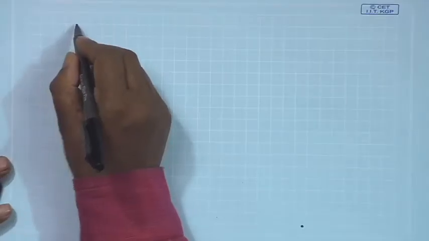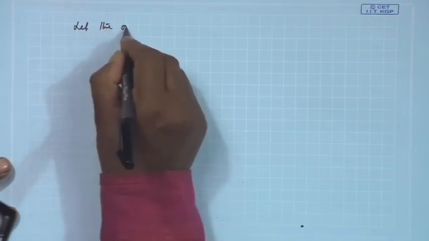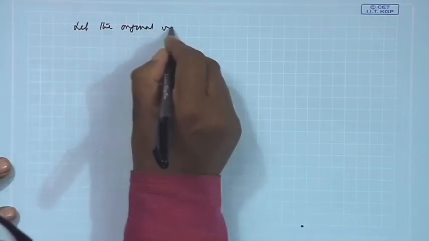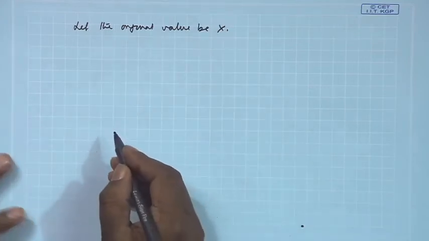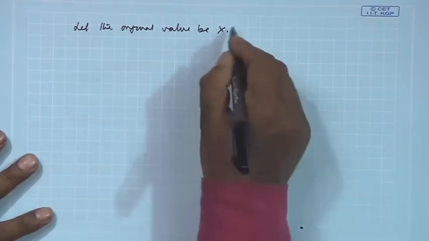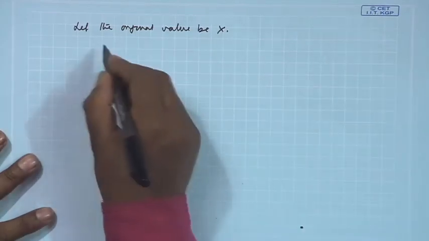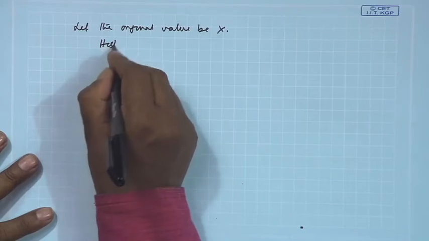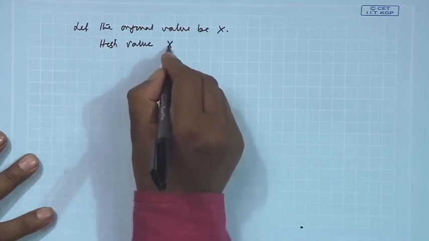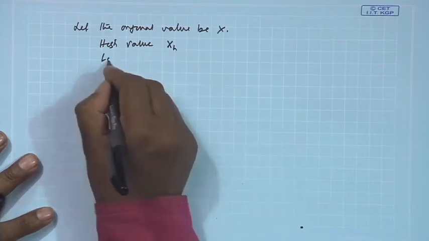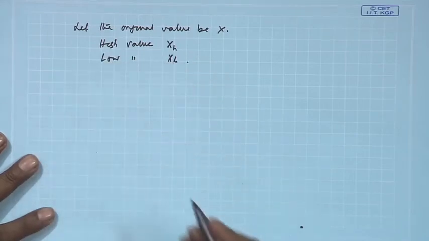Let the original value be x. Otherwise, I can say x is the variable. Now, suppose the high value is, let it be, we are writing xh, and the low value we are writing as x low.